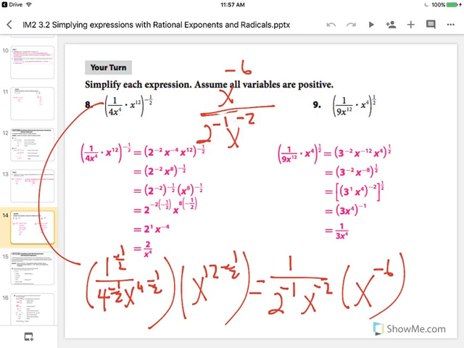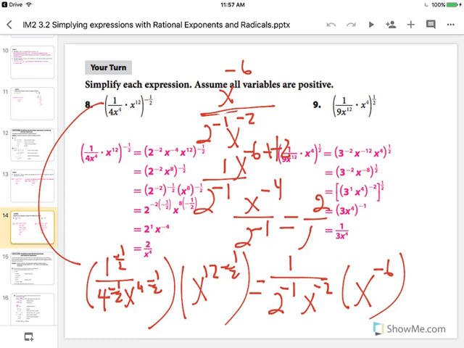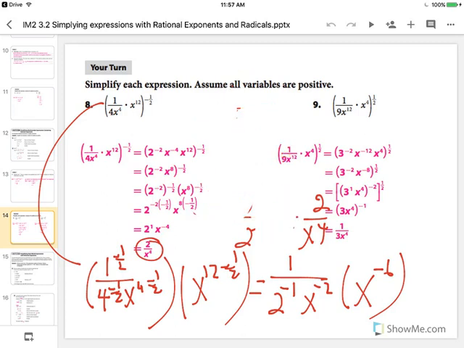This gives us 1 over 2 to the negative 1, x to the negative 6 minus a negative 2. So that becomes a positive, so x to the negative 4 over 2 to the negative 1. So then this becomes 2 over x to the 4 power, which is the same as that. Okay, so I'm going to erase that.